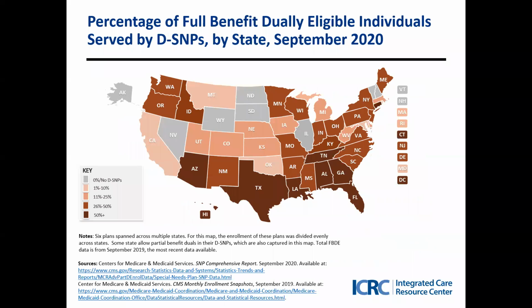For example, on this map, you can see that Illinois does not have any D-SNPs, whereas more than 50% of Arizona's FBDEs are enrolled in D-SNPs. It's worth noting that Illinois has no D-SNPs because they've chosen not to contract with D-SNPs within their state. Instead, they've really focused on using Medicare and Medicaid plans to integrate care for their dually eligible population.